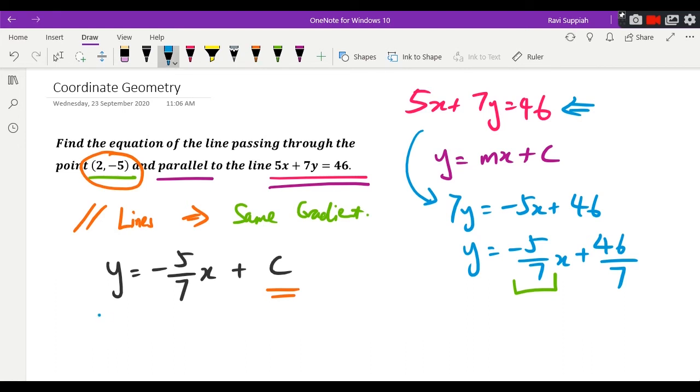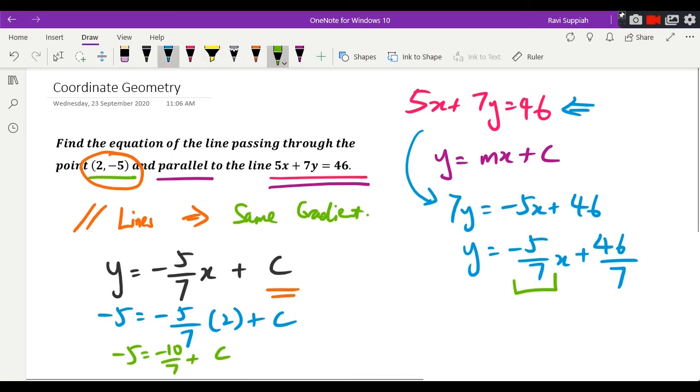So we have negative 5 equals negative 5 over 7 times 2 plus c. From this we get negative 5 equals negative 10 over 7 plus c. Solving for c, we get c equals negative 25 over 7.